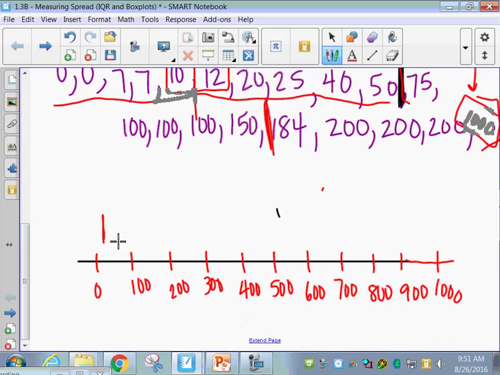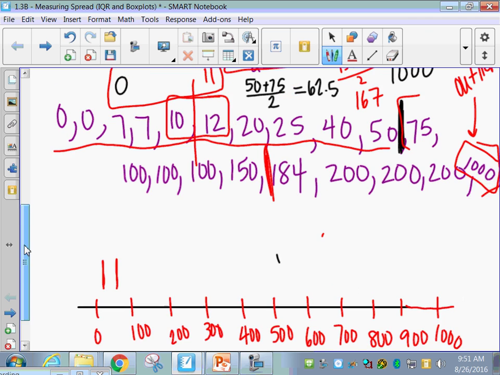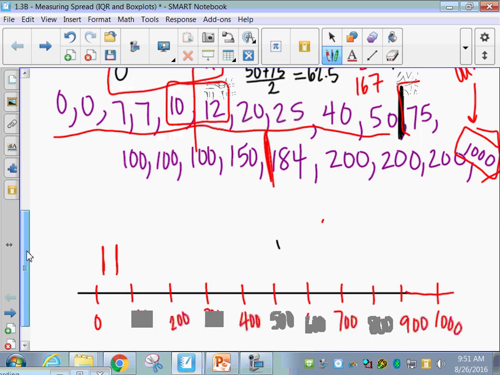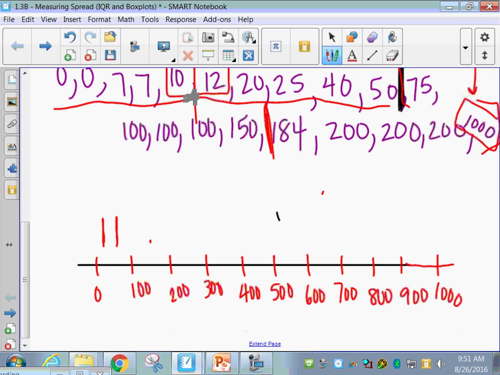Median 62.5, that's a little past 50. Q3 is 167. Our min goes down to 0, our max goes up to 200, and then we have this lovely outlier.